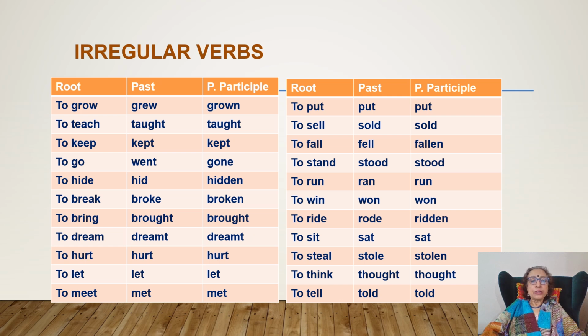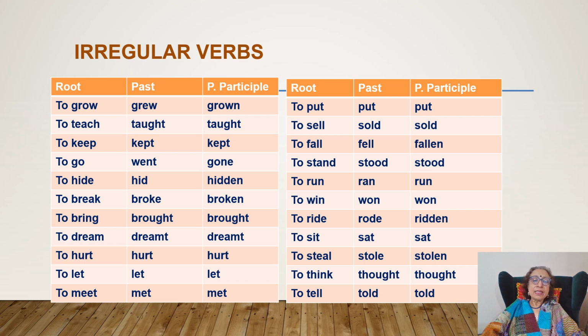For instance, to grow: root form grow, past tense grew, and grown past participle. To teach is taught and taught, same form, but it is not regular because it doesn't end in ed for both. Then keep, kept, kept, same form. Then go, went, gone, different form.